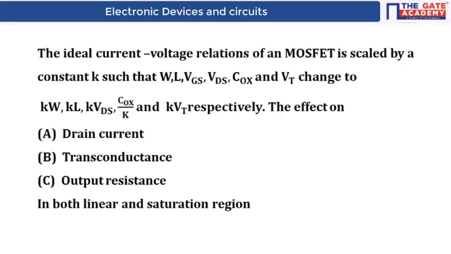So first of all, we have to understand we are considering an NMOS transistor. It's not given in the question that it's an NMOS transistor, but we will assume it to be an NMOS transistor.